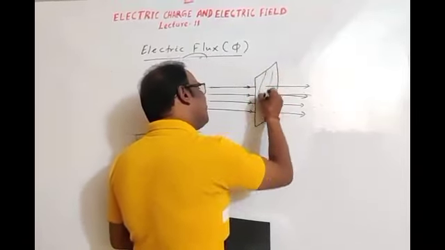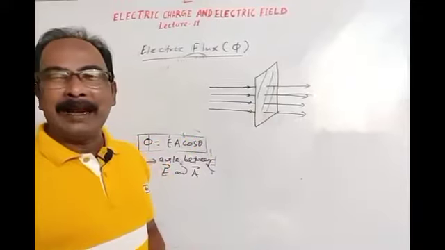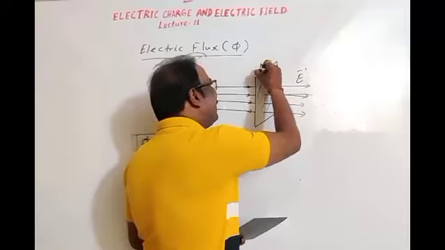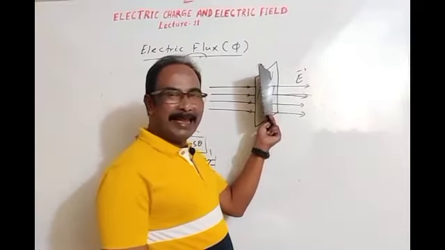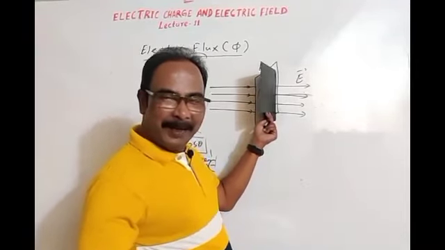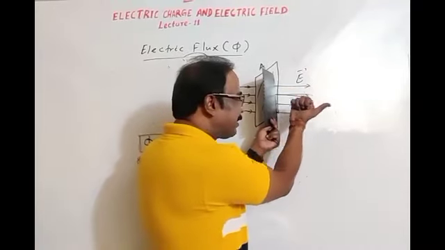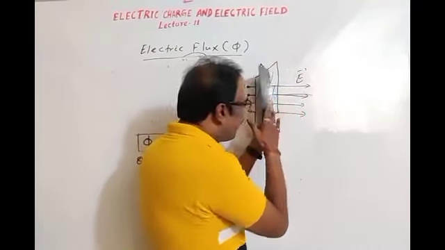Okay, this is the surface. Then what is the angle between the electric field and the area vector? See, the area is like this. Then what is the direction of area? Perpendicular to the surface. Okay, we may take it in the outward direction, along the positive direction of the electric field, perpendicular to the surface.